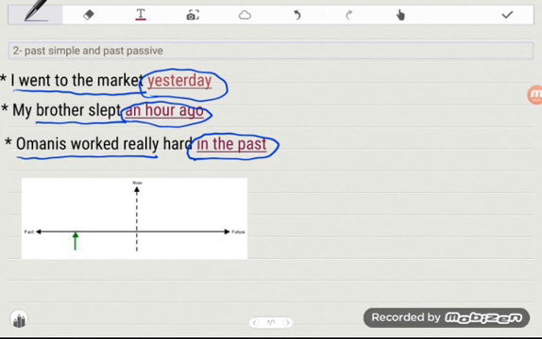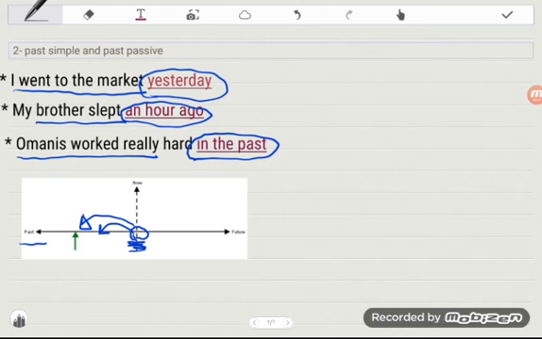In order to understand more, let's look at this timeline here. In this timeline, we have past, now, and the future. If you look at the first sentence, I went to the market yesterday. So I'm talking now about going to the market, but when? Yesterday. The same thing here, I'm talking about my brother, and that he slept, but when? An hour ago, so it's already finished.